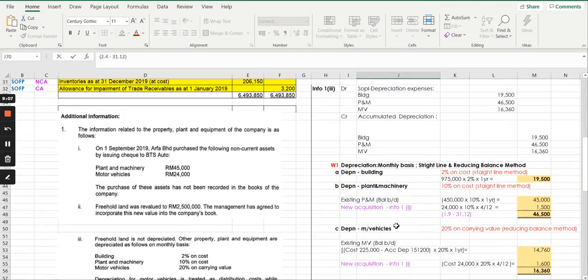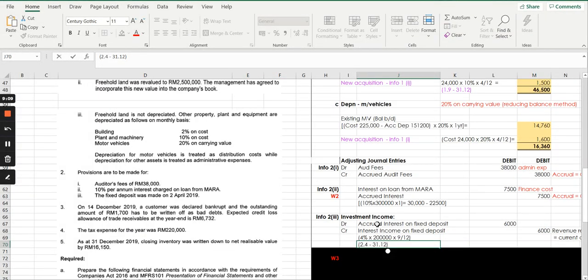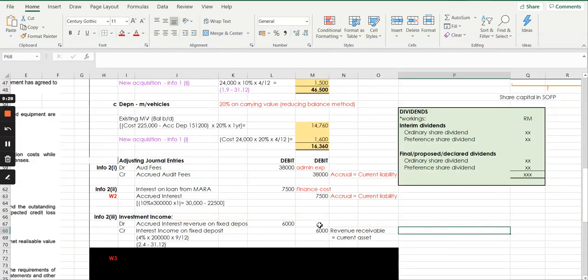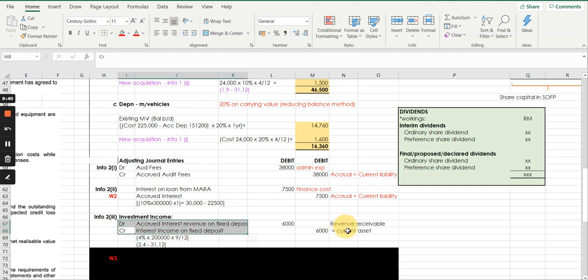So we need to provide an accrued interest, which is your current asset. You will debit accrued interest income on fixed deposit, and you will credit interest income on fixed deposit. Your interest income on fixed deposit is actually your investment income. The accrued interest income will be under your current assets, but the interest income itself will be under income from investment.